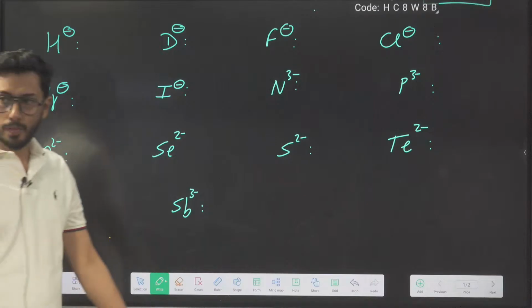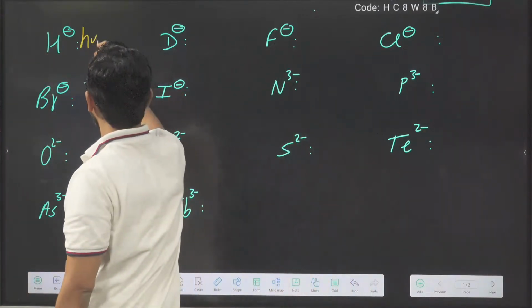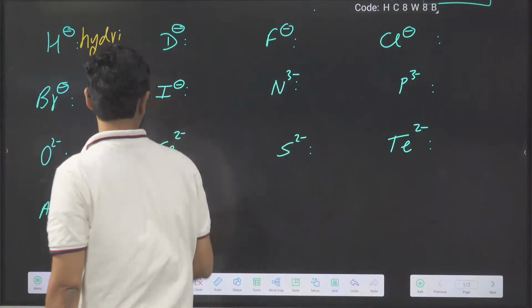Written. Very good. First one is hydride. Correct it is. This is hydride ion.